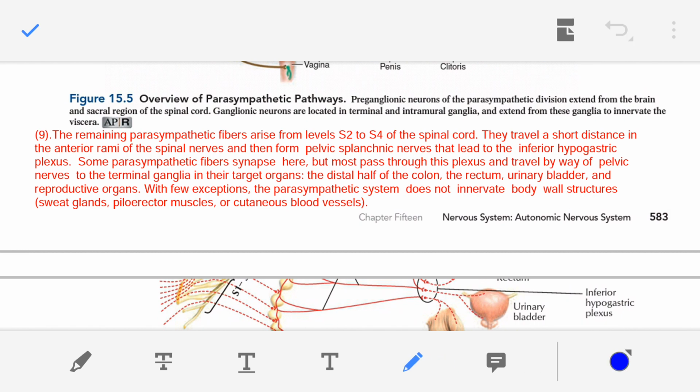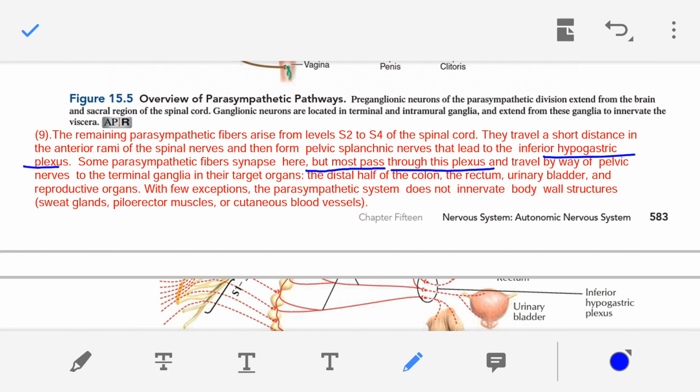Then from this plexus, some parasympathetic fibers synapse over here with the postganglionic fiber, but most of them pass through this hypogastric plexus.